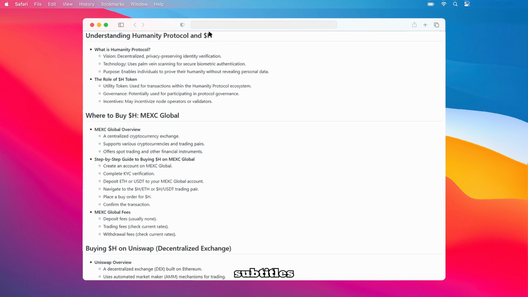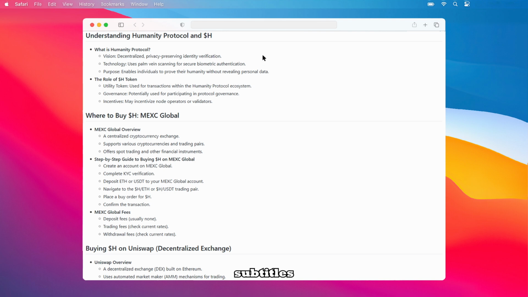Where can you buy $H? One option is MEXC Global, a centralized cryptocurrency exchange that supports various cryptocurrencies and trading pairs, offering spot trading and other financial instruments.